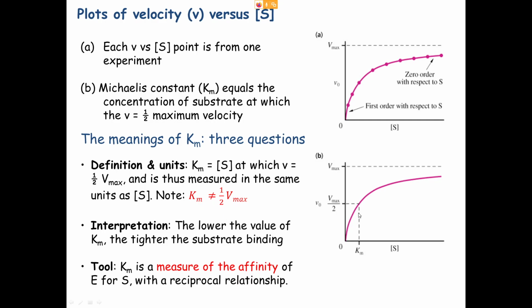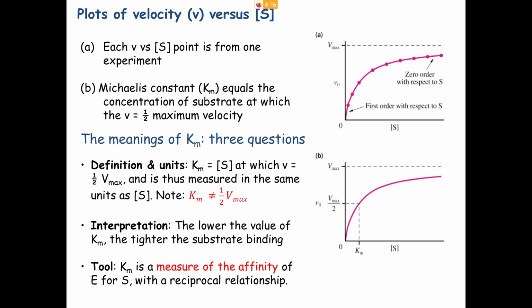Okay, so here on this graph, one more time, same graph, S on the x-axis, V naught, or velocity, on the y-axis. To achieve 1/2 maximal velocity, I need this amount of substrate. Does that mean if I take the Km value, the amount of substrate at Km, and double it, do I get doubling of the velocity? Of course not. This is not a linear association. If it were linear, then that would be true. That's a linear relationship.